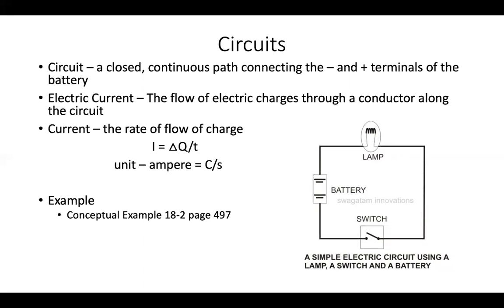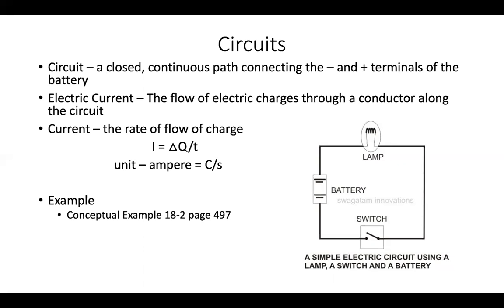A greater current does not mean the charges are moving faster than a lower current. All current goes essentially at the speed of light through the wires. Not quite, a little bit slower than that, but really fast, and they all go the same speed, no matter how much current there is.